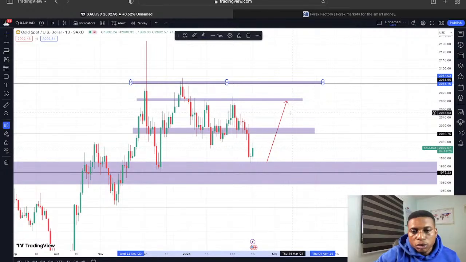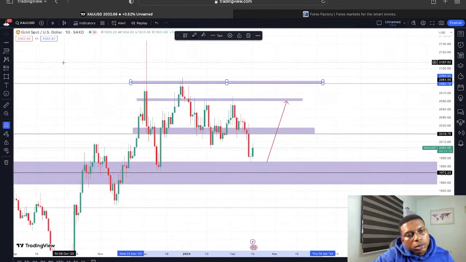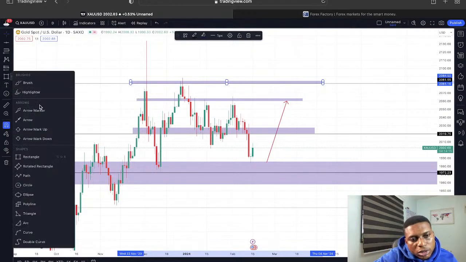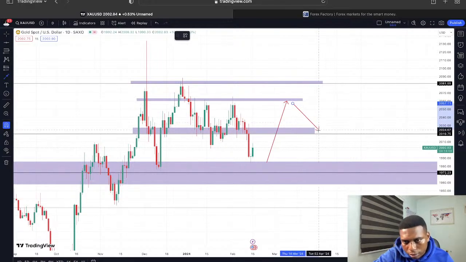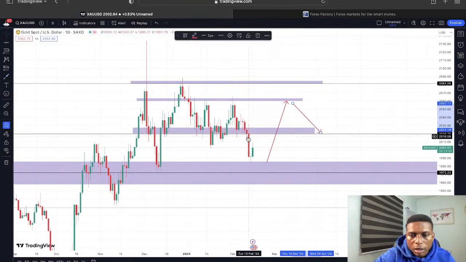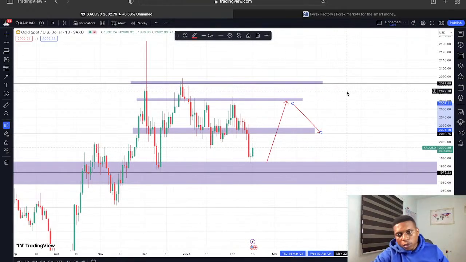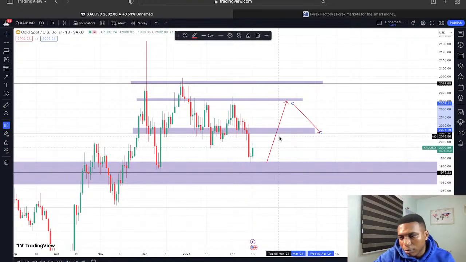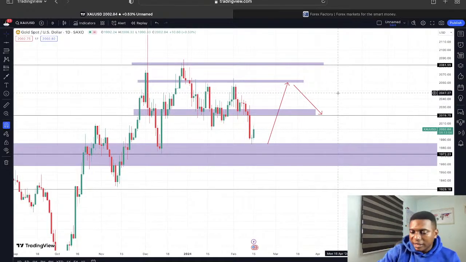So we might just see price come to touch this next resistance zone before deciding to either move upwards or downwards. But for short-term purpose, you can then decide to buy the gold. Yeah, so that's just a quick rundown on the gold USD.